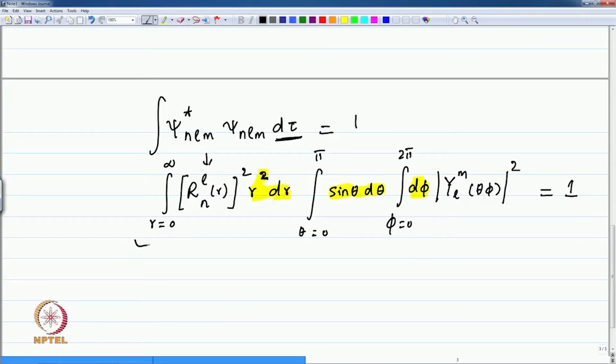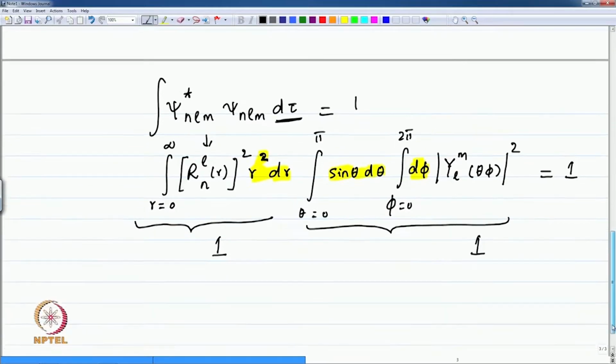Therefore, when you do this integral independently of the theta phi integral, note that the Y l m are defined such that this part is 1, and therefore the radial part is given by this.